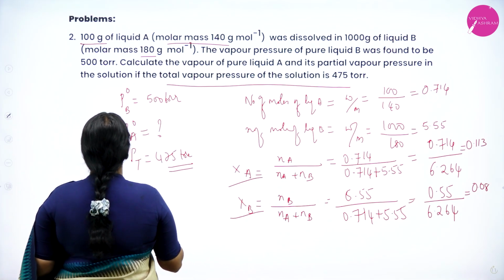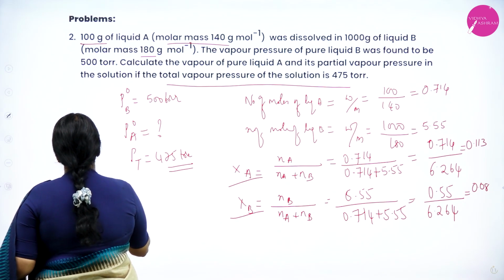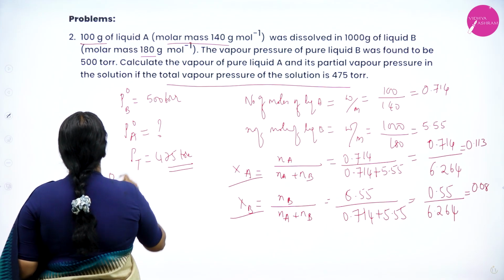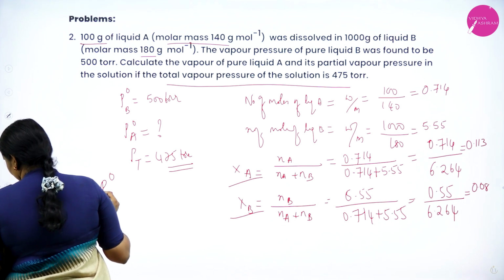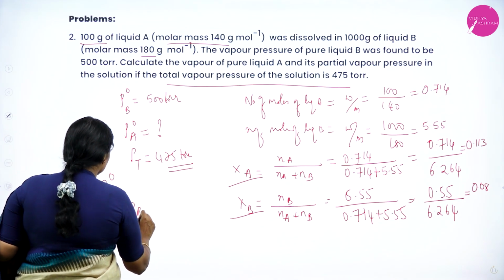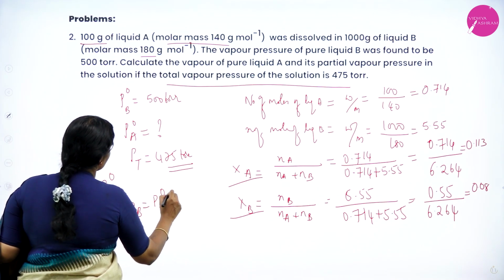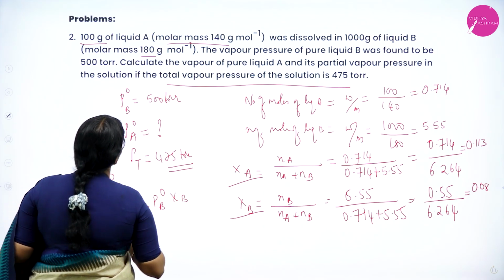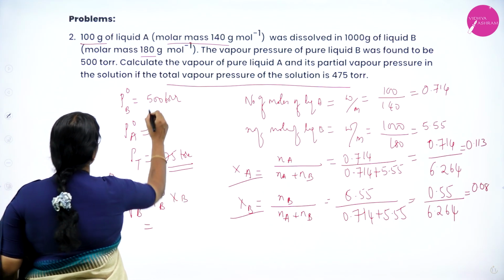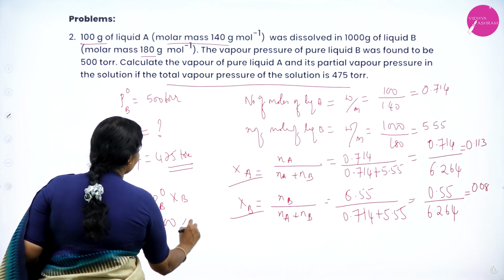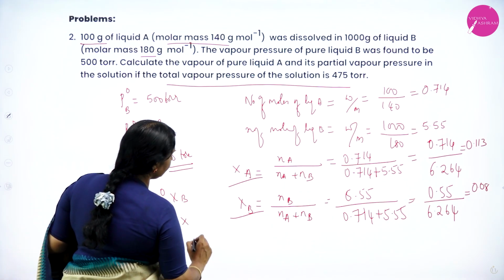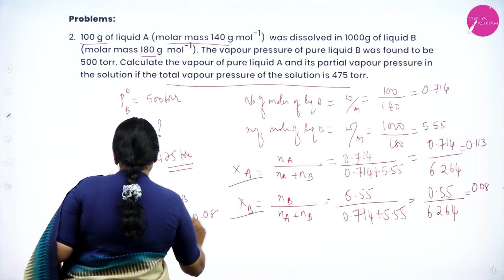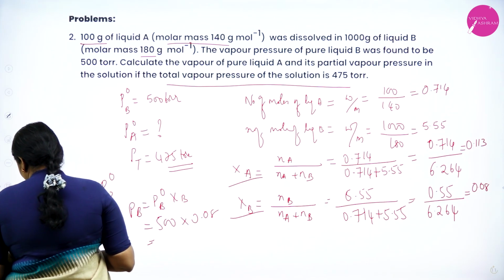Okay. Next you have to calculate PB. PB naught is what? 500 torr. Okay. So PB is equal to PB naught XB. What is PB naught value? PB naught value is 500. XB is 0.88. Okay.